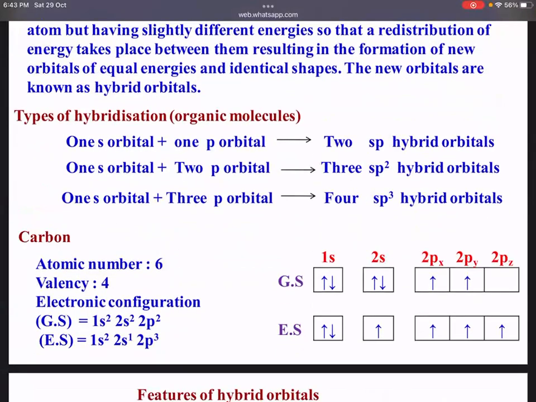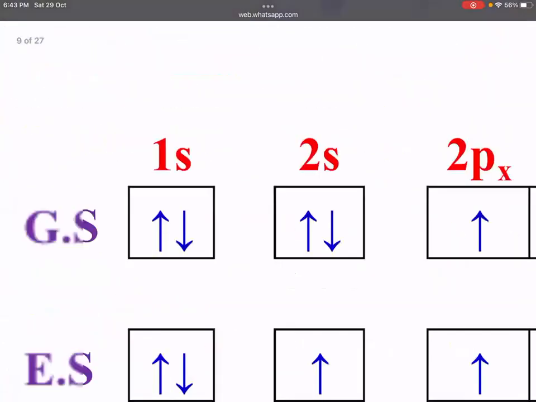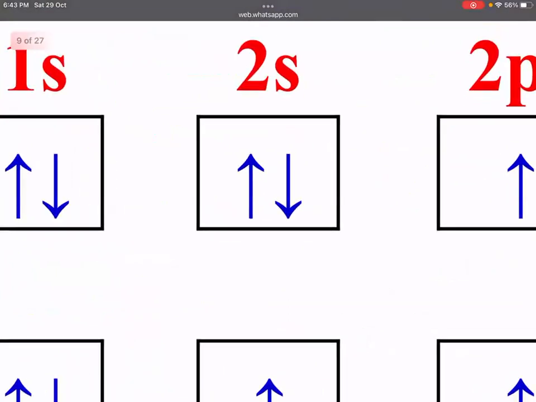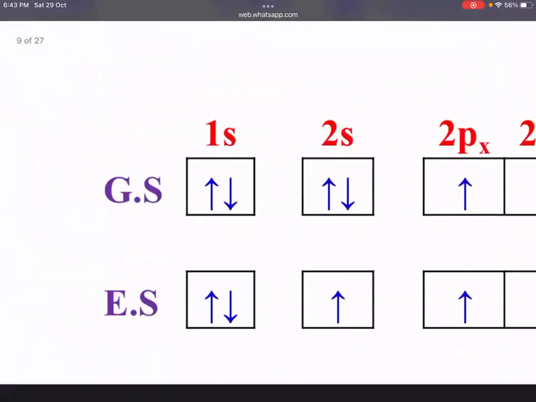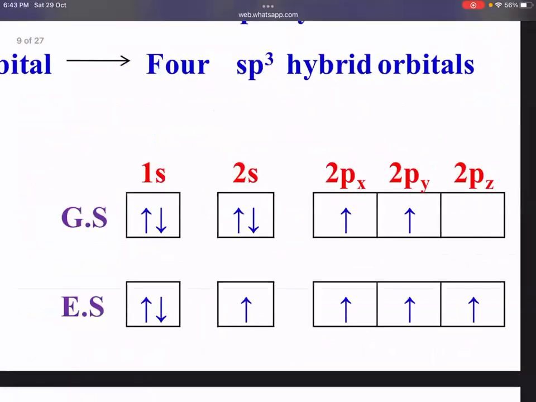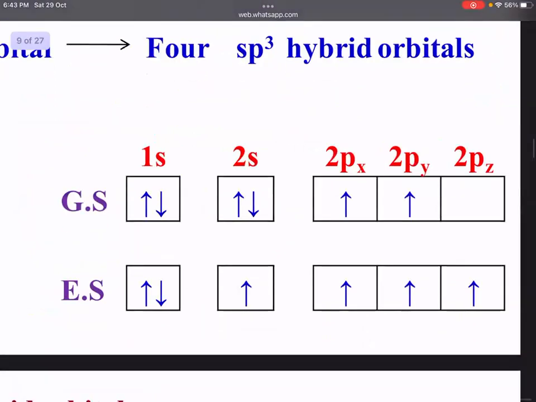To account for the valency, what happens? 1s2, 2s2, 2p2 is there. One of these electrons gets promoted from here to here, to 2pz. So in the excited state we have 1, 2, 3, 4, four unpaired electrons. So the valence will become 4.